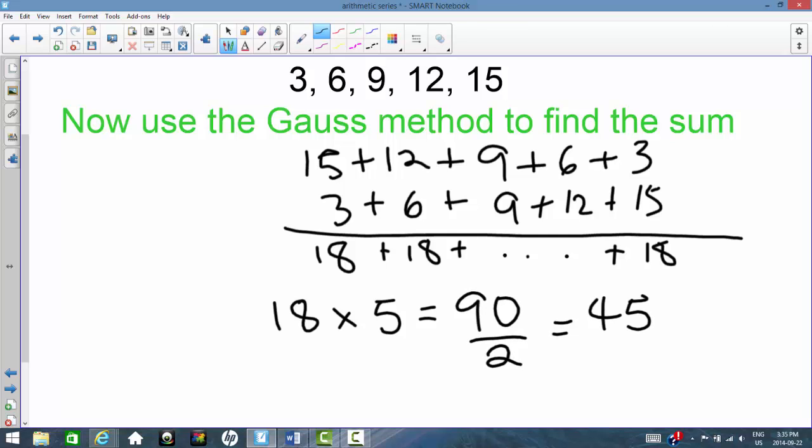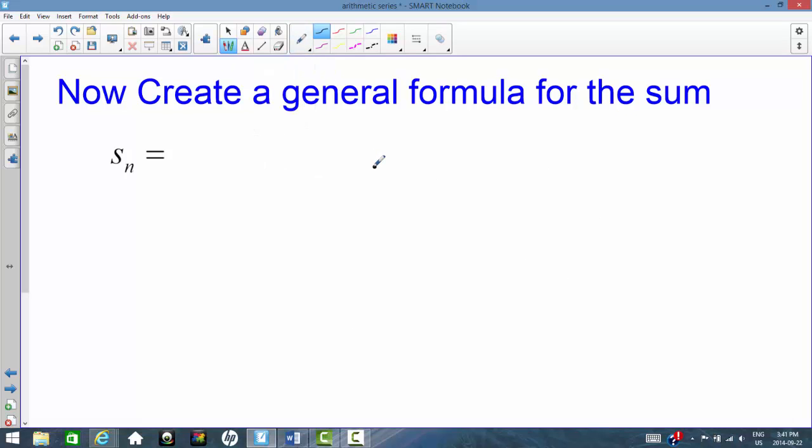That seems pretty straightforward. But now, we're going to create the general formula for the sum of a series. I know for some of you this is the tough part when we develop formulas, but I want you to be able to see where it came from.